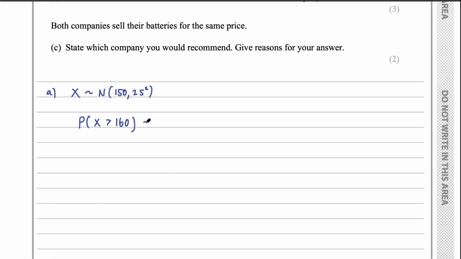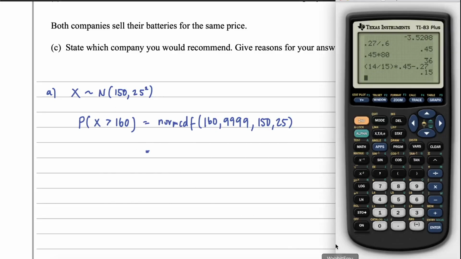Well, we can use our calculator using the normal cumulative distribution function, and we can input our minimum of 160, our maximum, some large number, 9999, our mean 150, our standard deviation of 25, and that should give us the probability greater than 160.